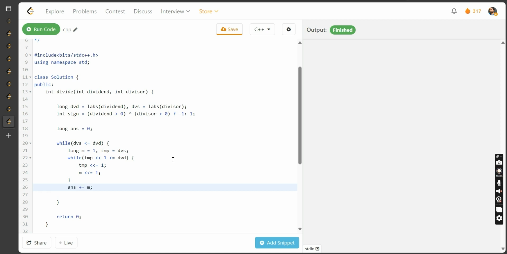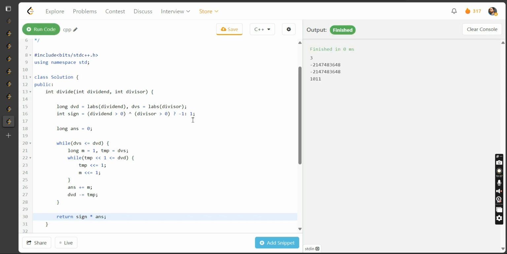That will be stored in M. So add that into your answer. Now you have a portion of your dividend recorded in this temp. Reduce that portion from your dividend. This will give you the answer you're looking for. You have to multiply it with your sign. Answer.